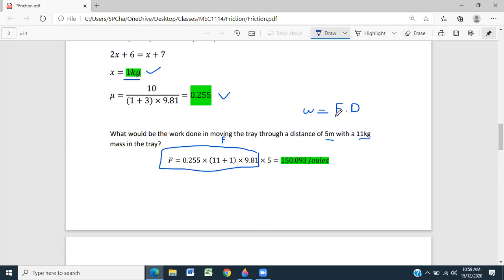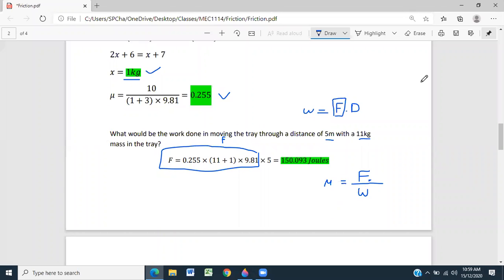So let's find the force. We know the coefficient of friction, mu, is equal to the frictional force divided by the mass times the gravitational constant, or divided by the weight.